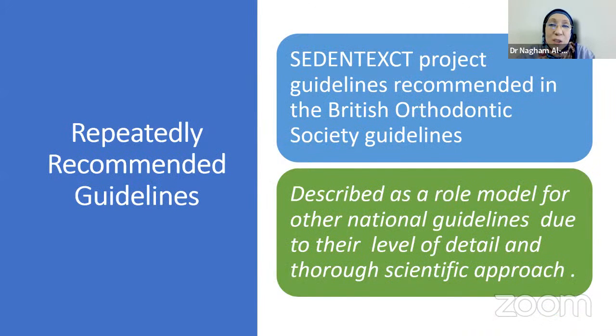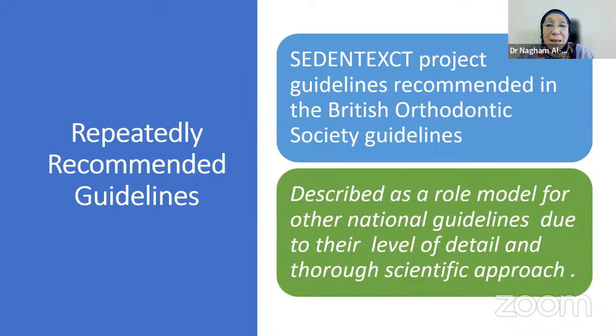An example of a solid guideline is the one that I shared with you earlier, the SEDENTEXCT project guideline. This guideline was recommended by the British Orthodontic Society guidelines, so double recommendation. And both those guidelines were praised and recommended by the editors of the American Journal of Orthodontics and Dentofacial Orthopedics and the editor of Dentomaxillofacial Radiology journals.